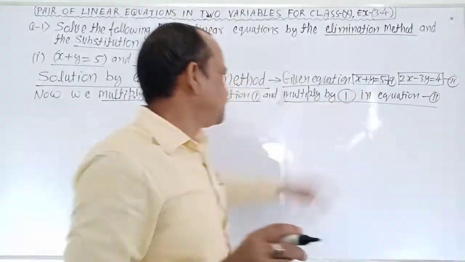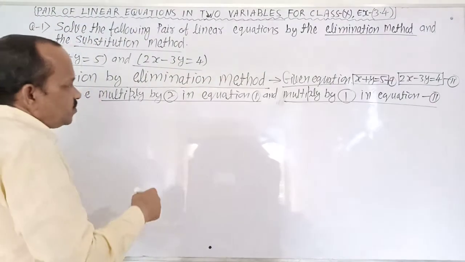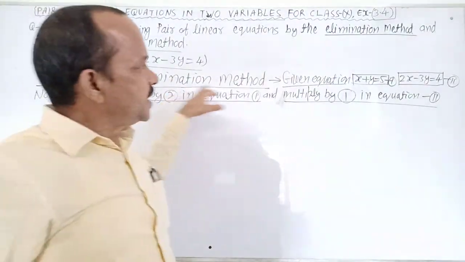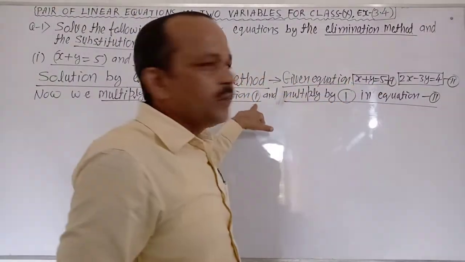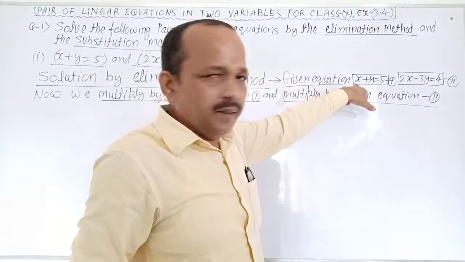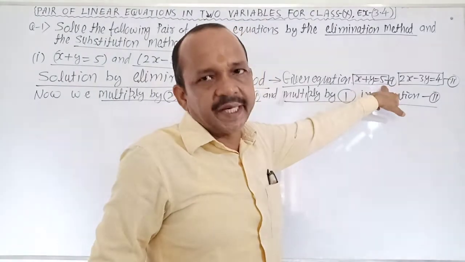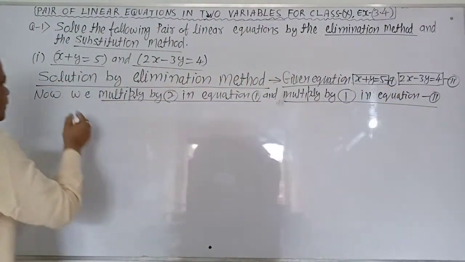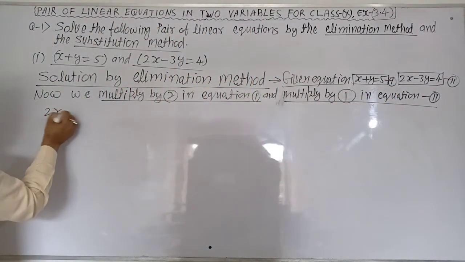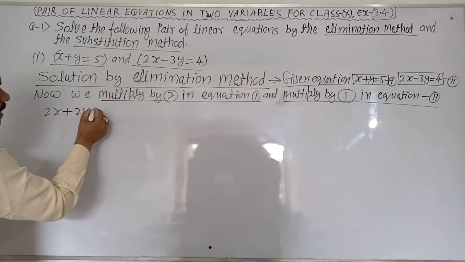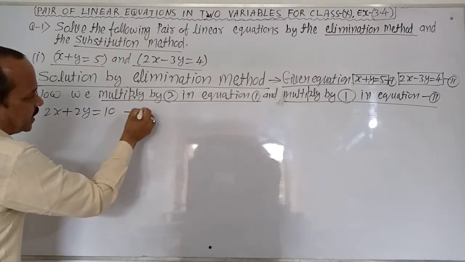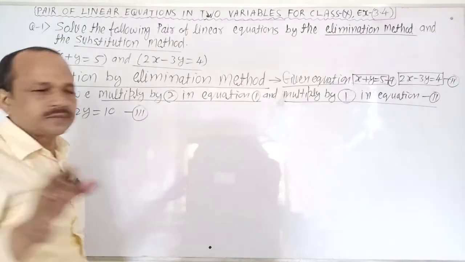Very good. Multiplying by 2 in equation first, it becomes 2x plus 2y equal to 10. It is equation third.